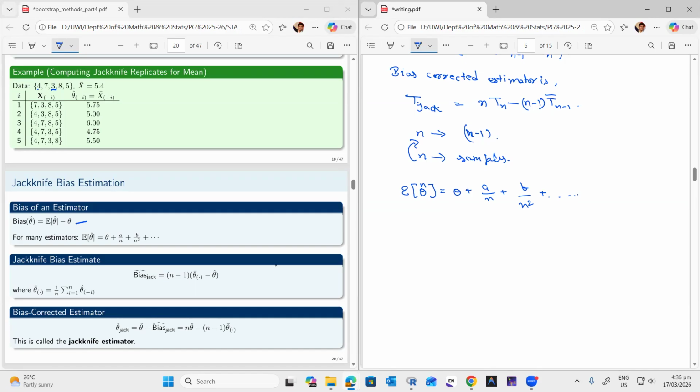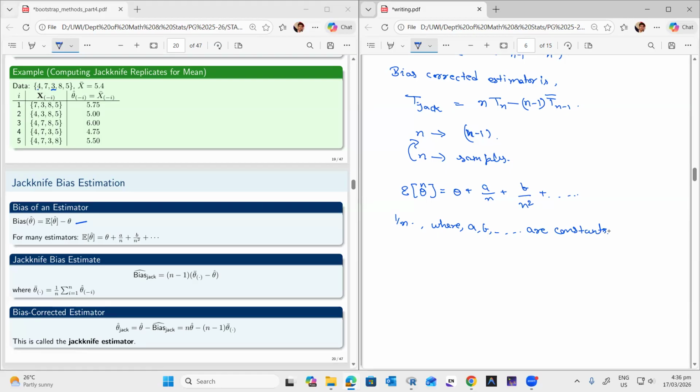It assumes that the bias can be expressed as a power series in 1 upon n, where a, b, and others are constants.